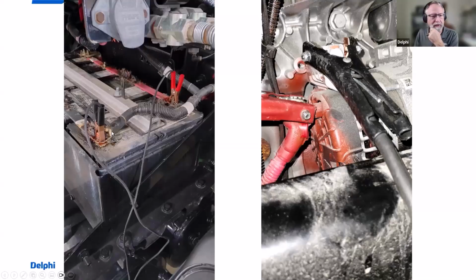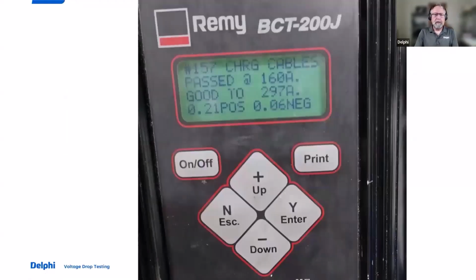All that same current has to leave the battery and pass through the cables, and we're measuring the voltage here compared to the voltage here and looking for resistance using voltage drop. This is the report that comes back. It passed at 160 amperes.